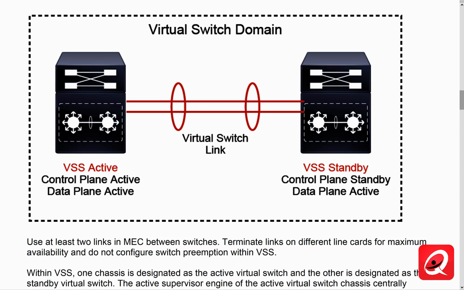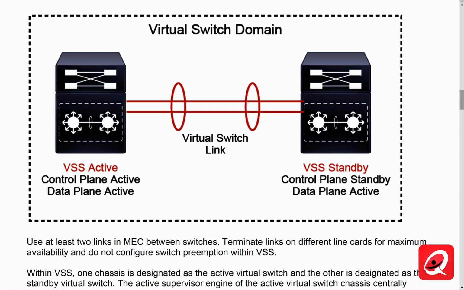There's obviously signaling and control information that we're going to exchange between the two chassis to allow the exchange of reachability information, and that data is transferred over something called a VSL, a virtual switch link, and that is typically going to be formed over an ether channel interface, and that ether channel interface can be anywhere from one port, which would not be ether channel at all, up to 8 physical ports. And I think it even goes higher now, depending on the switch model.